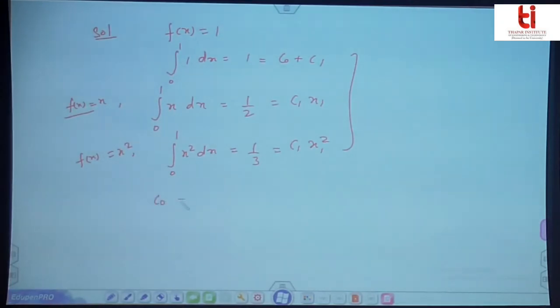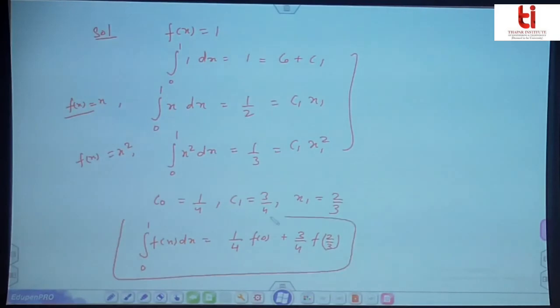The value of c0 is coming out to be 1 by 4, c1 is 3 by 4 and x1 is 2 by 3. Okay, so these are the values we have obtained. We can write the formula as integral from 0 to 1 of f(x) dx equal to 1 by 4 f(0) + 3 by 4 f(2 by 3). It's the formula.